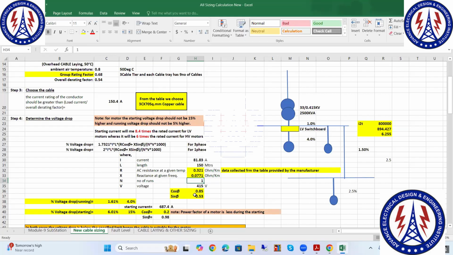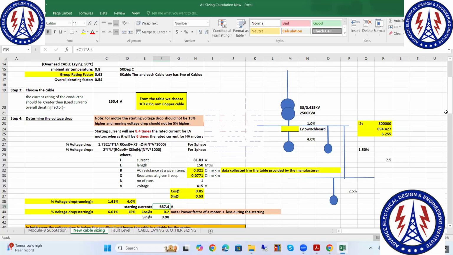Then after putting everything in the formula, in the running condition, the drop is coming. My limitation is 4%, so the drop is coming 1.61. So the running condition is okay. Then next is the starting current. Starting current means in this case, I will use the starting power factor for the motor and the starting current.